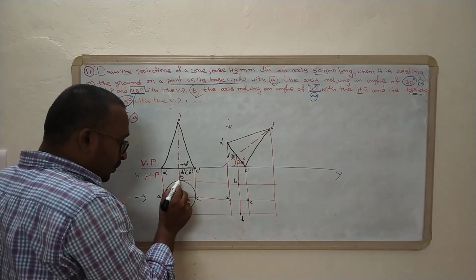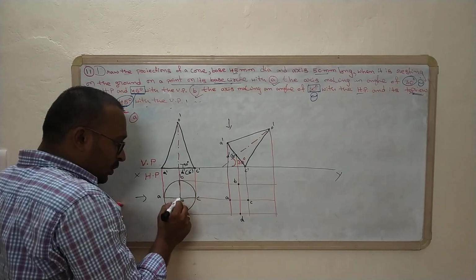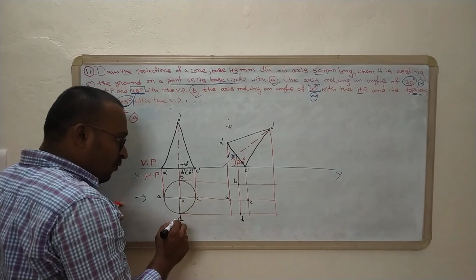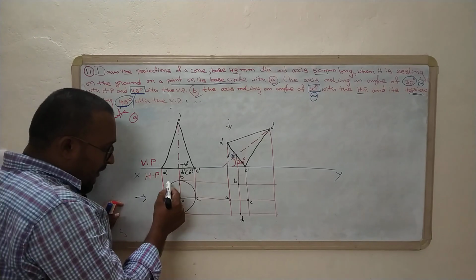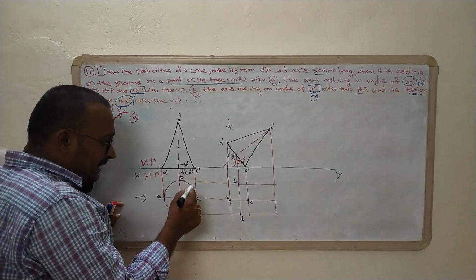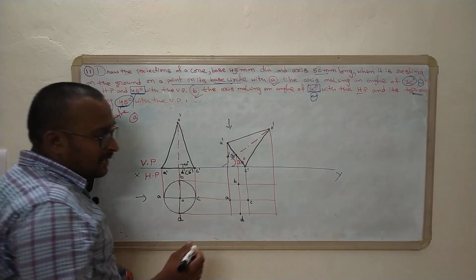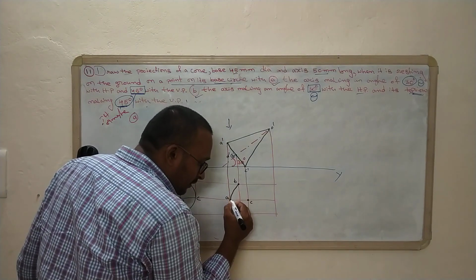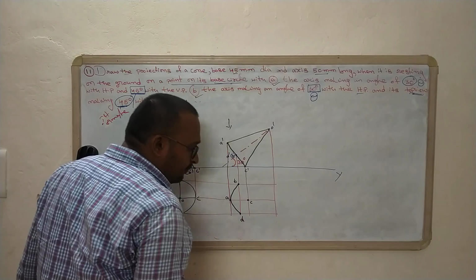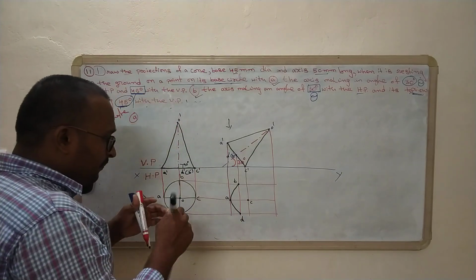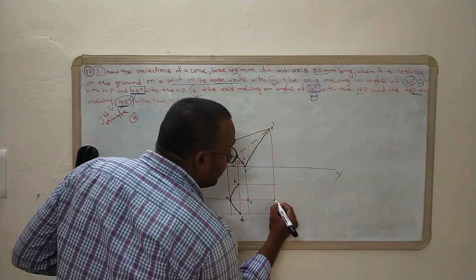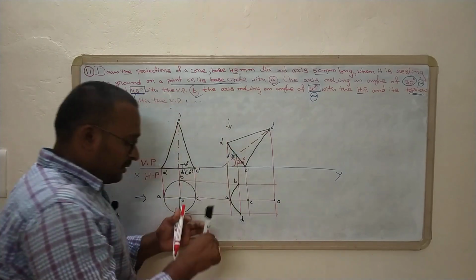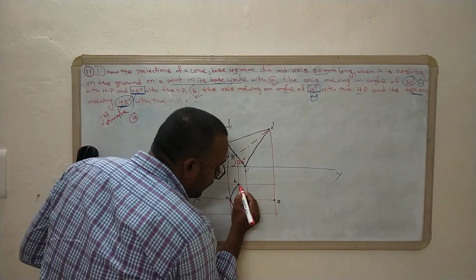That means OB, OA, OD lines are going to be visible. So this semicircle will be visible, and then the BCD semicircle will be invisible.